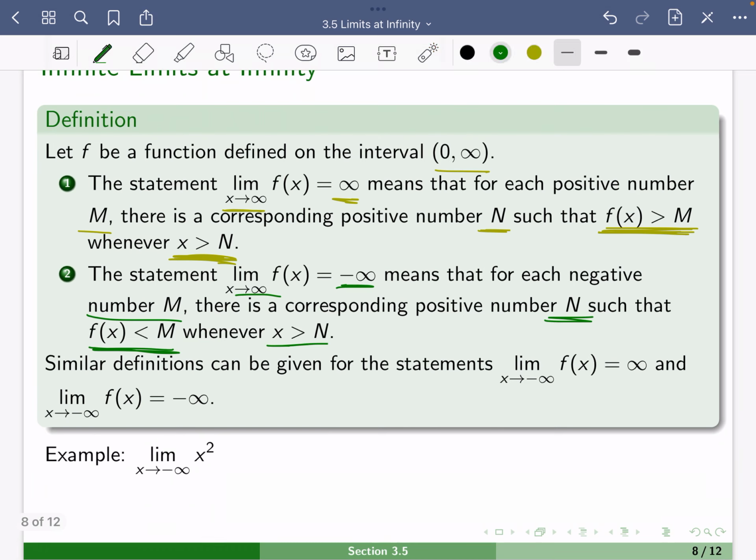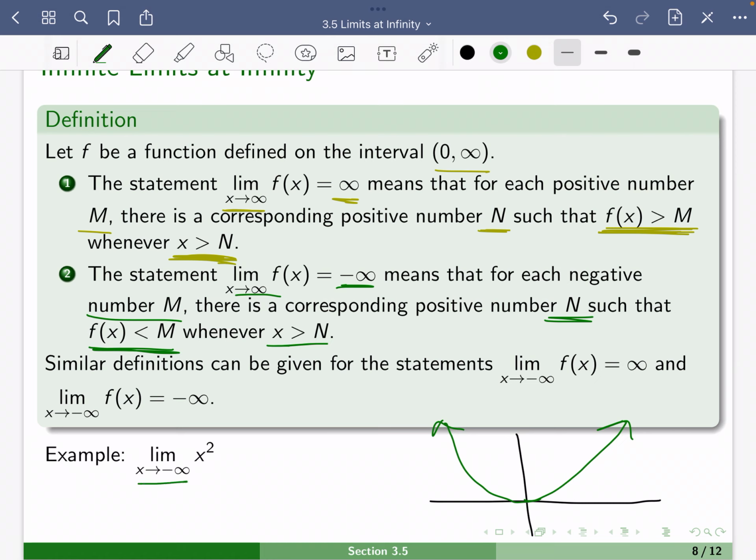All right, so let's look at a quick example here. Here we have the limit as x approaches -infinity of x squared. If you were to think about y equals x squared, that's the graph of a parabola, right? So we have this parabola.